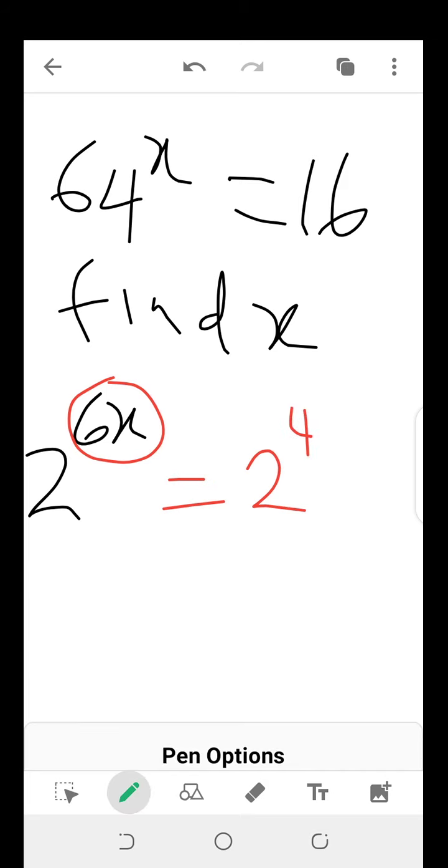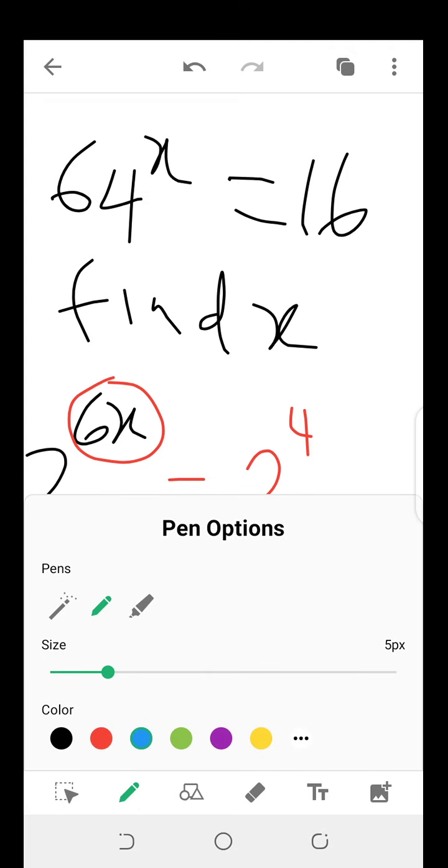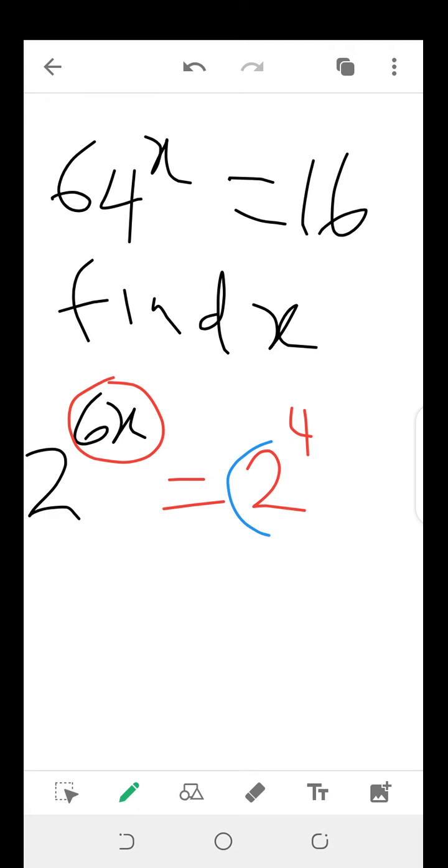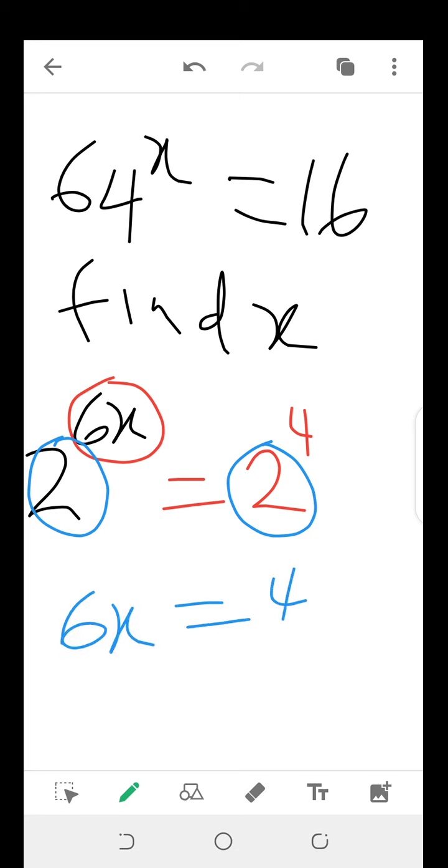And then because now the bases are the same, base 2 here and base 2 here, we equate the exponents. So we say 6x is equal to 4. Let's divide both sides by 6 to solve for x, because the question said that we should solve for x.